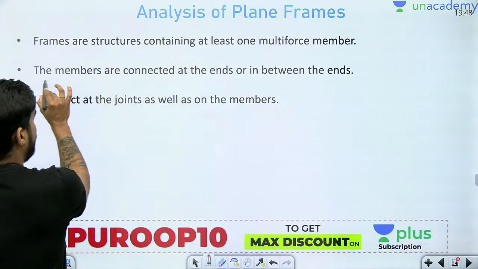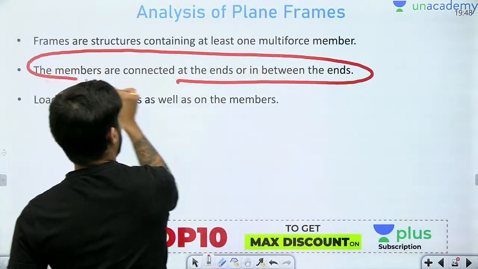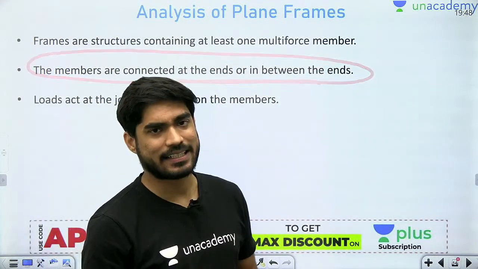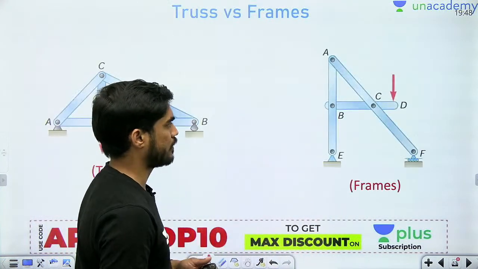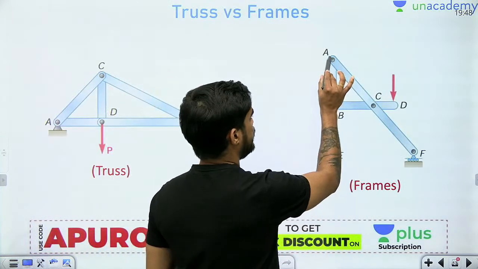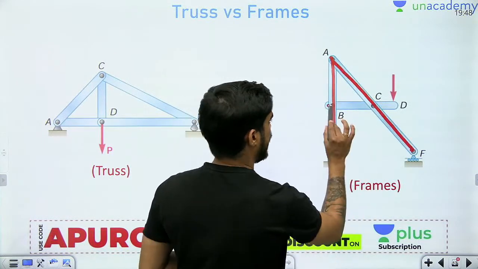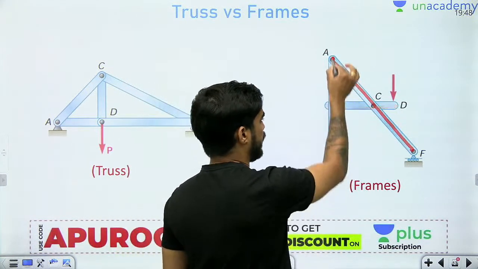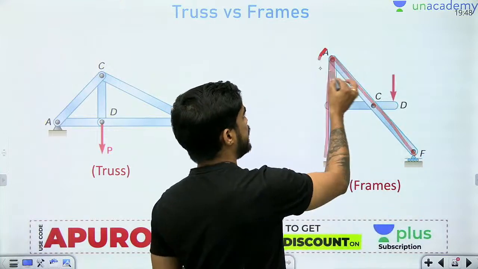First is the members are connected at the ends and or in between the ends. In case of frames, the members are connected at the ends and or in between the ends. Understand? Here, this is one member, this is one member, and this is one member. Okay. So understand, this member AE and AF are connected at the ends.